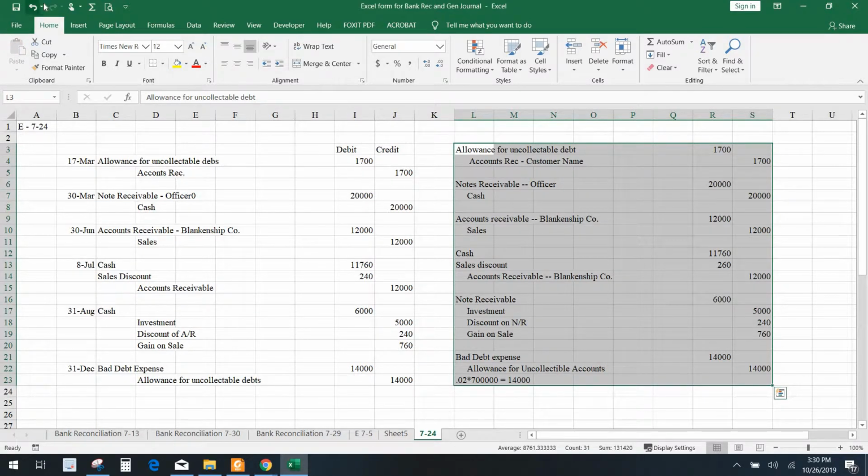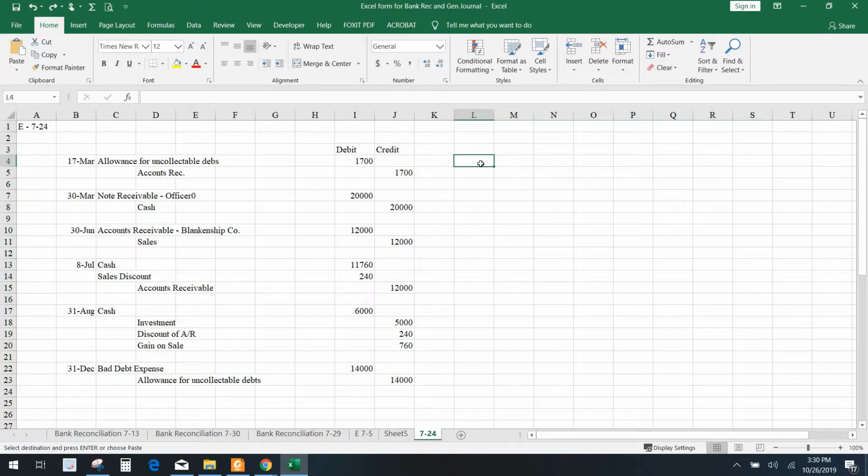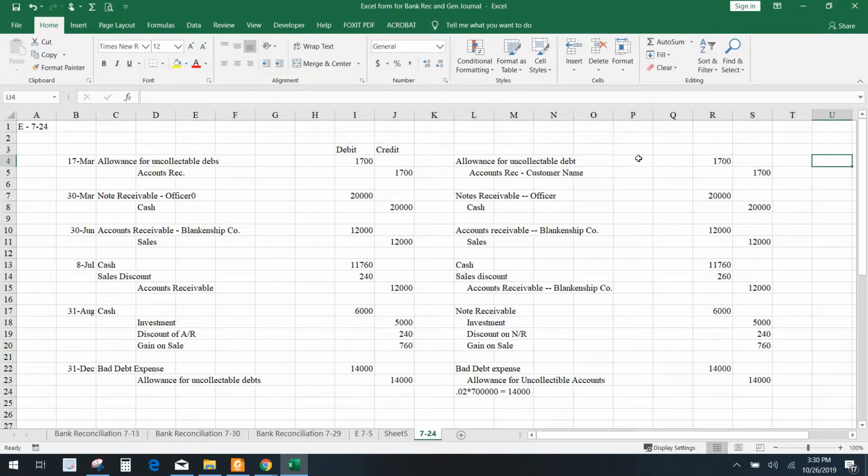Allowance for uncollectible debts, debit, accounts receivable, credit, notes receivable, officer, cash, accounts receivable, Blankenship Company, 12,000, sales 12,000, debit to cash, 11,760, sales discount 240, accounts receivable 12,000, and this is the tricky one.